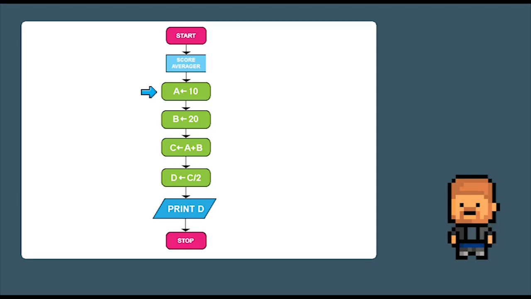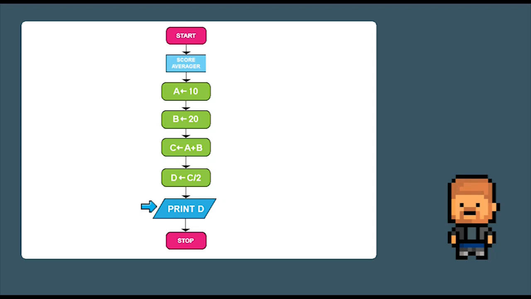It is similar to a single equal symbol. In this case, A equals 10. The same thing is happening with B below in the next block. However, B is being assigned 20. In the next block, we are totaling A and B together and assigning it to C, so C is now equal to 30. Following this, D is being assigned C divided by 2. This effectively halves 30 to 15, so D is now being assigned 15. Following this, we have an output block, printing D to the screen. An output block takes something from the computer and shares it with the real world.